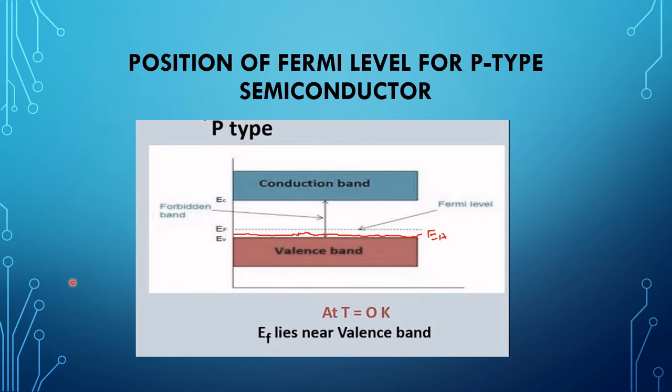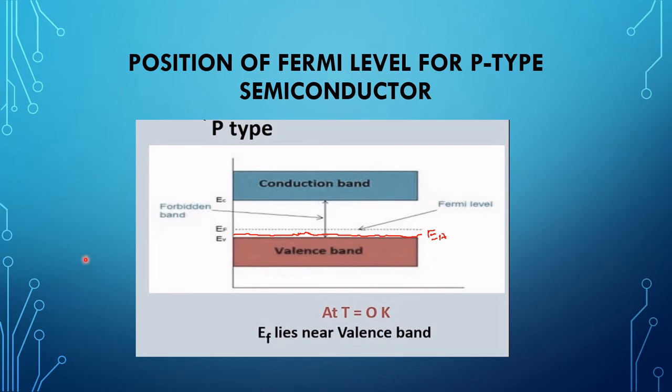Hence it is more difficult for the electrons in the valence band to cross the band gap by thermal agitation. Therefore, the number of electrons in the conduction band decreases.